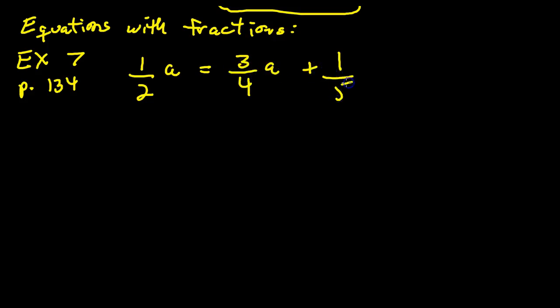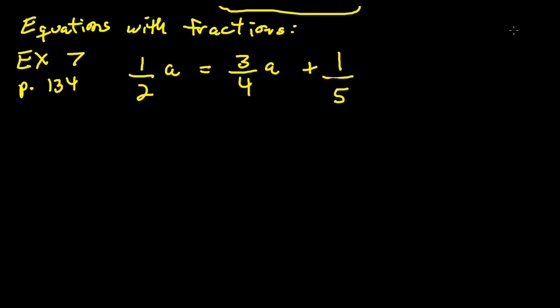So certainly we've got an equation with fractions in it, and of course variables on both sides of the equation. Let me clean this up a little bit. All right, so 1/2 a equals 3/4 a plus 1/5.